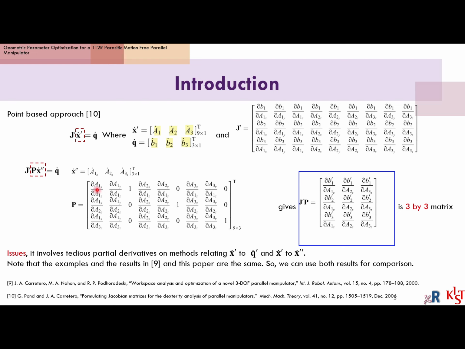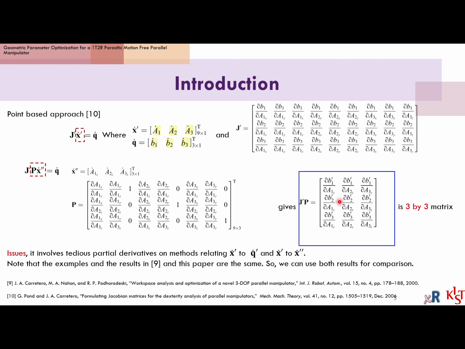Moreover, by taking the partial derivative of independent terms of these points on the moving plate with respect to the dependent terms, another matrix that relates independent and dependent ones is established. By taking the product of these two Jacobian matrices, a 3 by 3 dimensionally homogeneous square Jacobian is achieved.